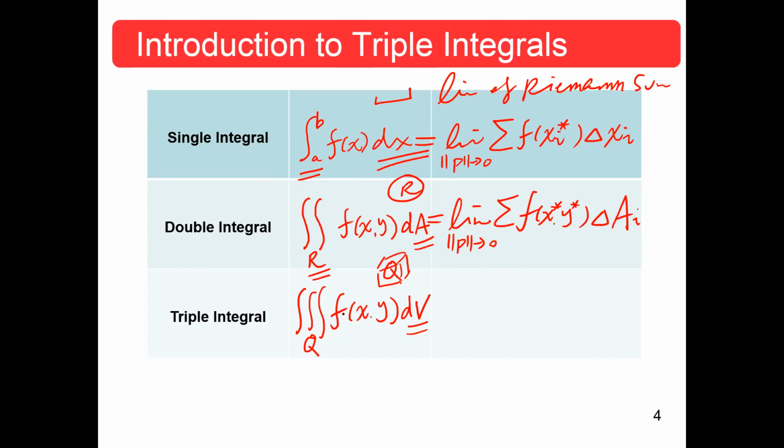So lastly, if we look at the triple integral, we should expect the limit as the magnitude of the partition goes to 0, almost as small as it can be, of the summation of function value times the change of volume, delta V i.